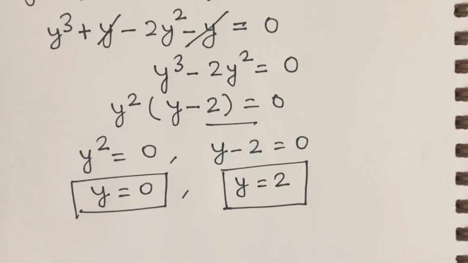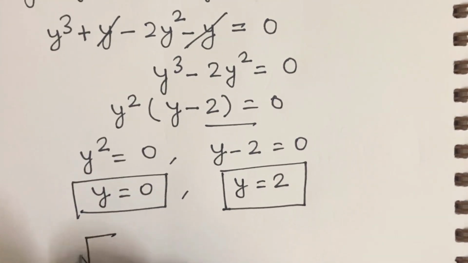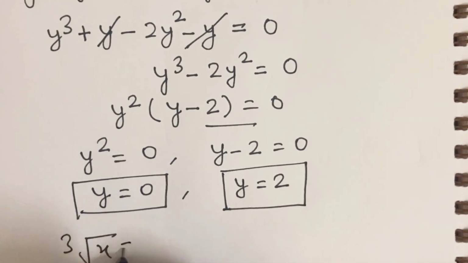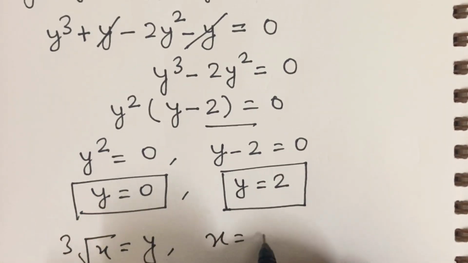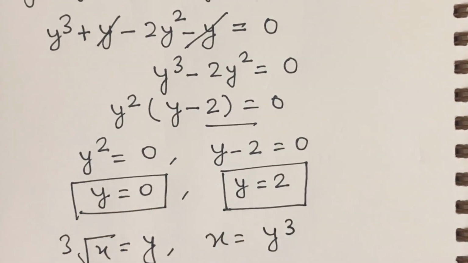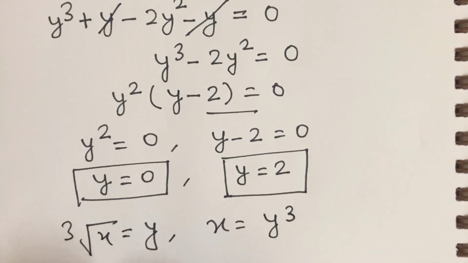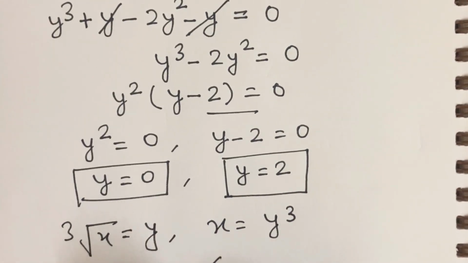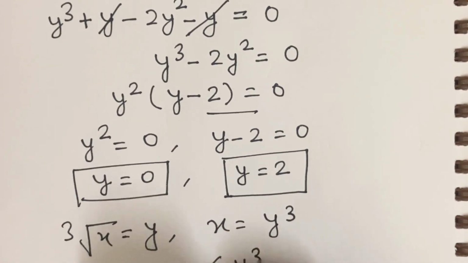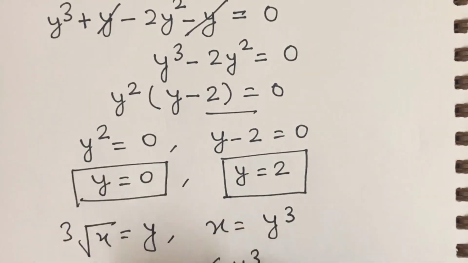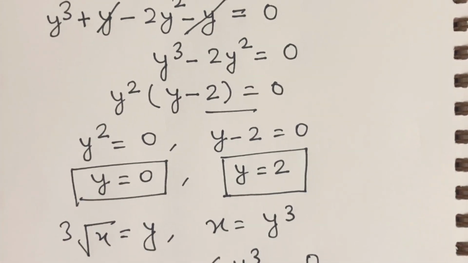So earlier we have assumed that cube root of x equals y and x equals y cube. So x will be equal to y cube. So when y equals 0, x will be equal to 0. So when y is 2, x will be equal to 8.